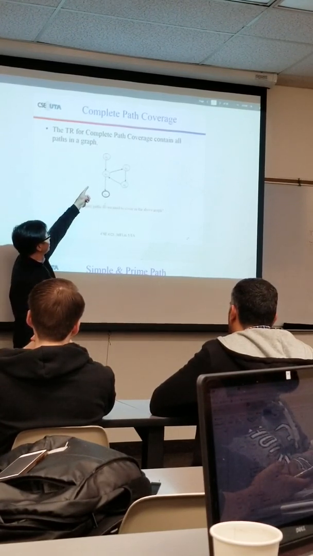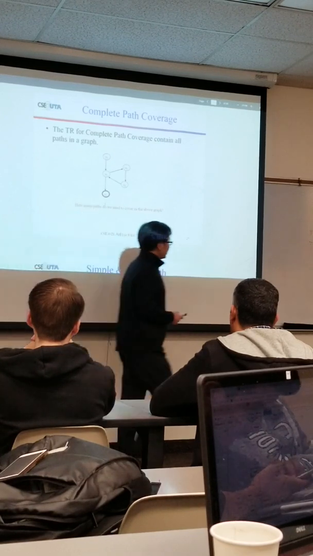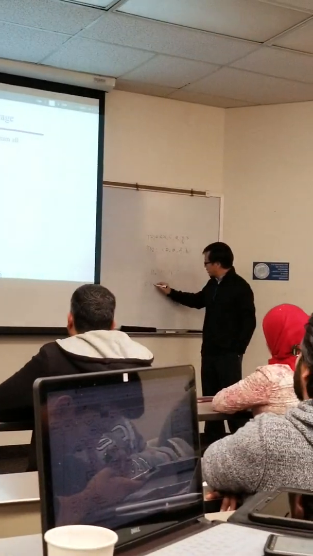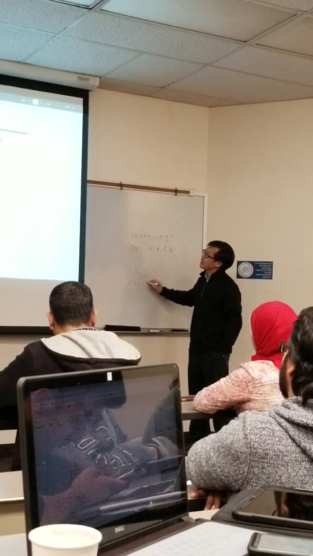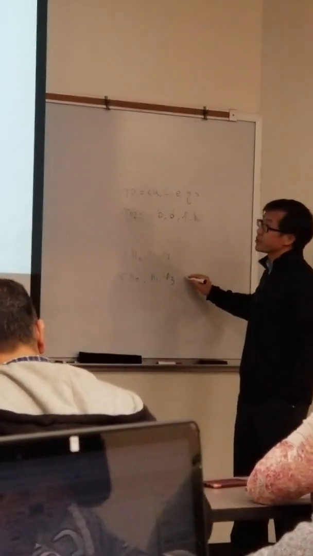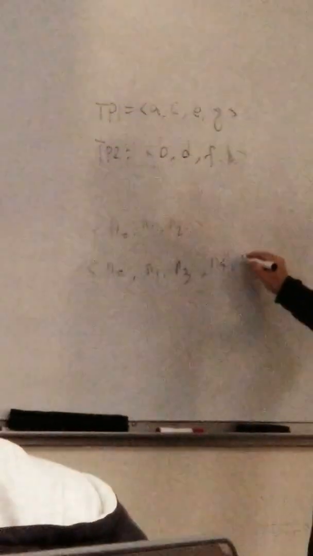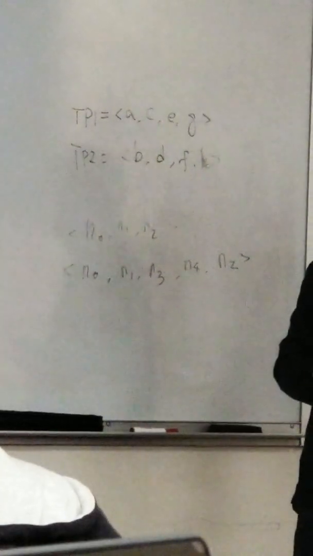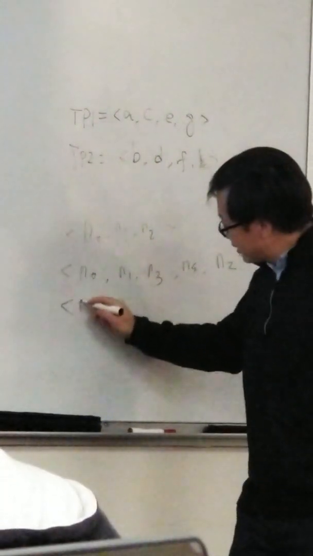N0, N1, N2. That's one path. And then the other one is N0, N1, N3, N4, N2, right?